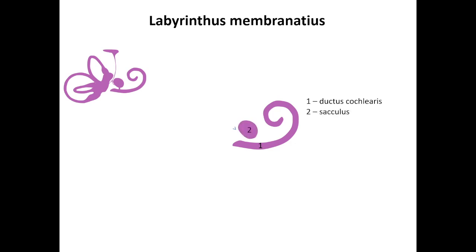Number two, sacculus. Another part of labyrinthus membranaceus which is called sacculus. Sacculus is connected with ductus cochlearis by this structure, number three. What is it? Ductus reuniens. Reuniens means connecting duct.